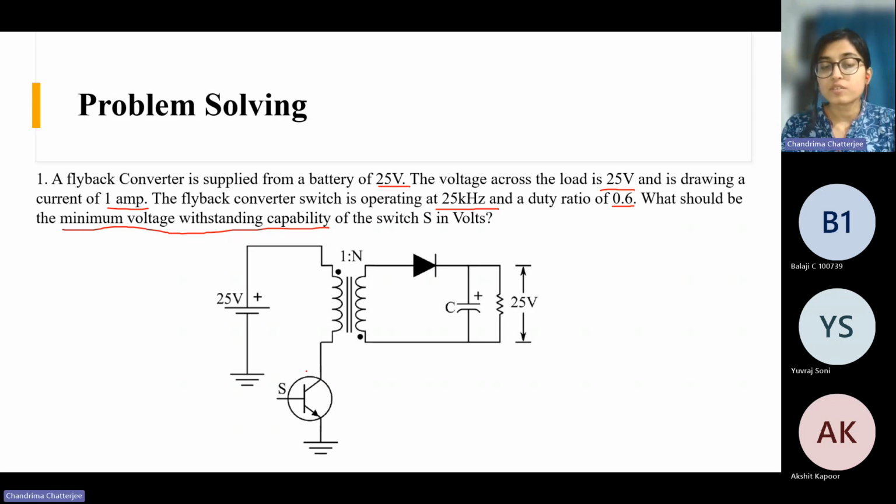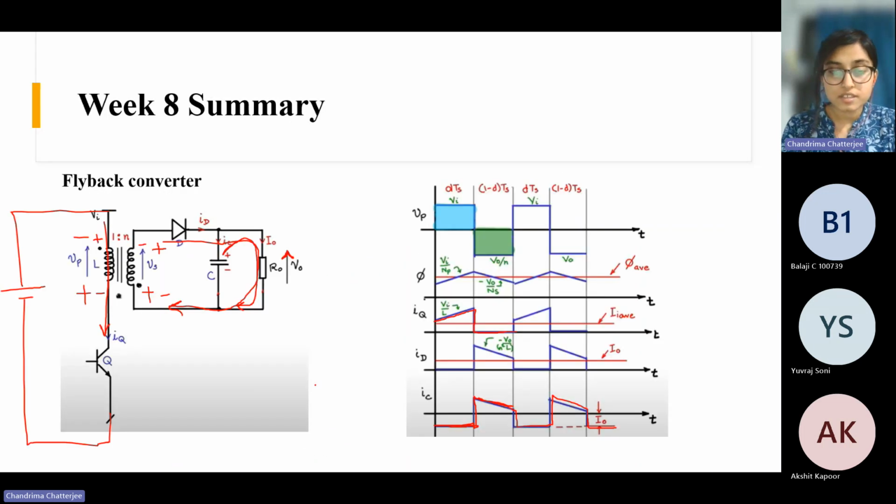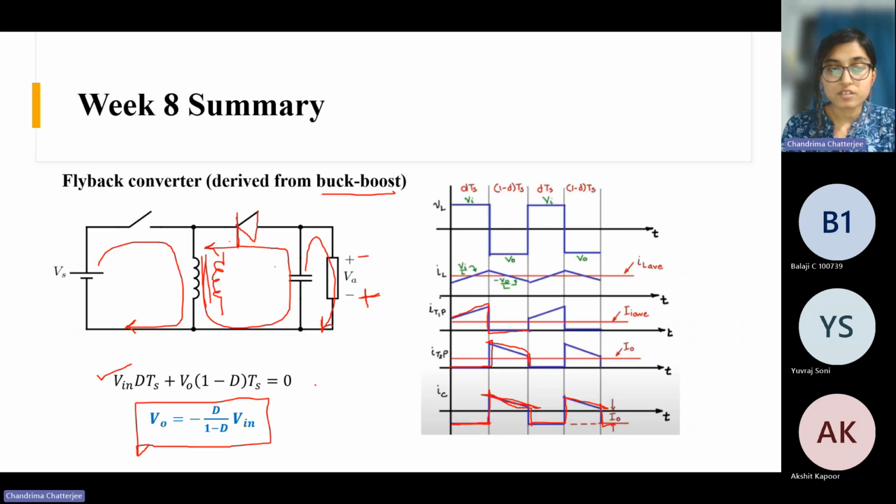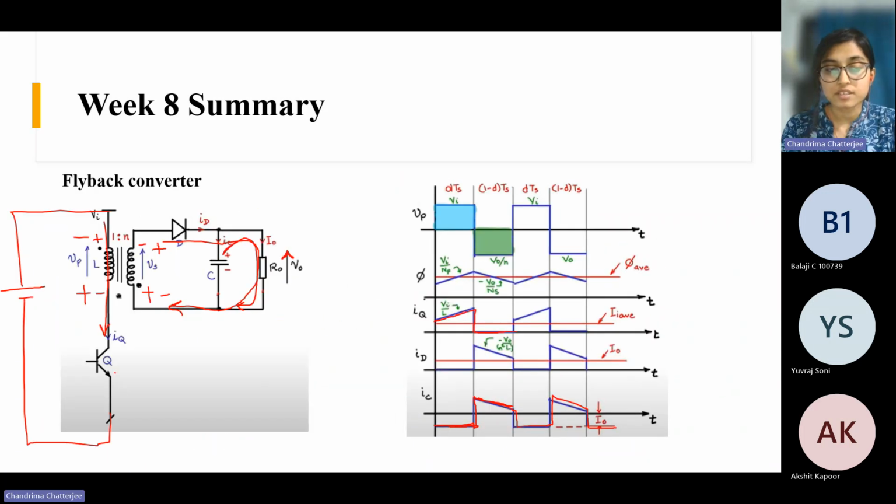So for the flyback converter, I think I didn't discuss it here, the voltage across the flyback switch. So when this switch is off, basically during the (1 minus D)Ts period, what is the voltage that comes across this switch?